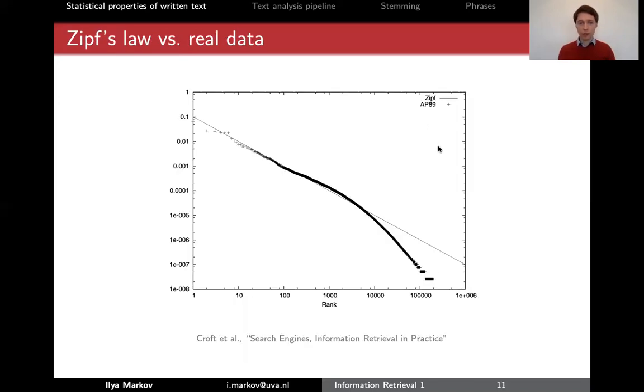So if we plot it on a log-log scale, this is the rank, this is the probability. The main body of terms is indeed along this line. So the rank is inversely proportional to the probability. But on top, these are very frequent terms, a little bit of deviation, and for very infrequent terms, there's a lot of deviation. This is an actual collection of words.